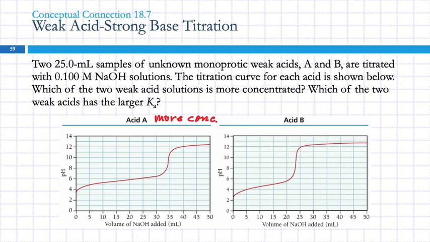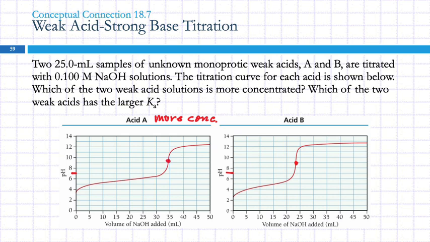What was the pH when we titrated a strong acid? It was 7, right? 7 is right here. Both of these are higher. The pH at the equivalence point looks like it's about there. Looks like it's about there.